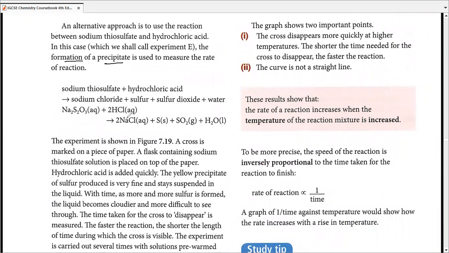I hope you remember from chapter number 5 that a precipitate is the formation of an insoluble solid in a reaction. Of course, if the solid is insoluble, it's going to settle down at the bottom of the utensil we are working in. If that's a beaker or a glass, it's going to sink down to the bottom of it and settle there. In the reaction you clearly see, sodium thiosulfate is reacting with hydrochloric acid.